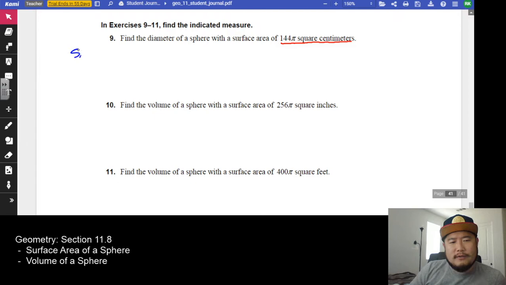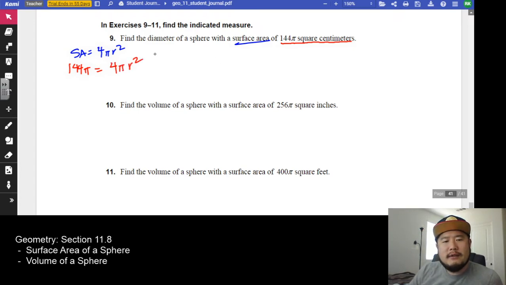So let's start off with the equation. Surface area is equal to 4 pi r squared. Since they gave us the surface area right here, we're going to have to figure out what the radius is first. So we have right here 144 pi. We'll plug that in for surface area, and then we have 4 pi r squared.